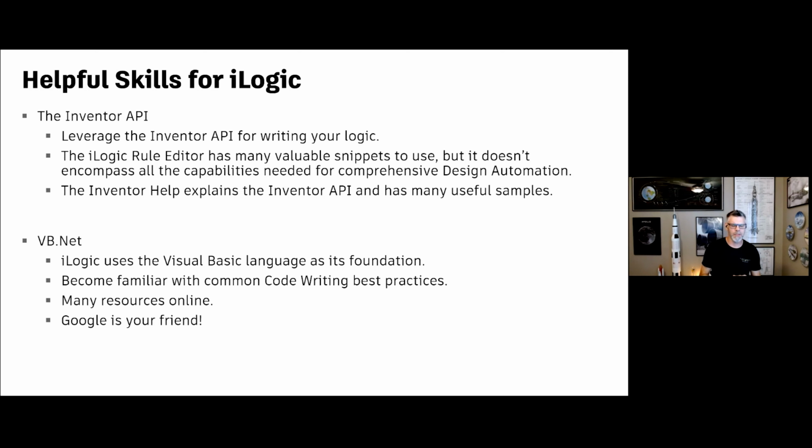Inside of the Inventor help, there's a lot of different resources around the Inventor API. There's also some samples to get you started if you want to really understand what iLogic can do for you.